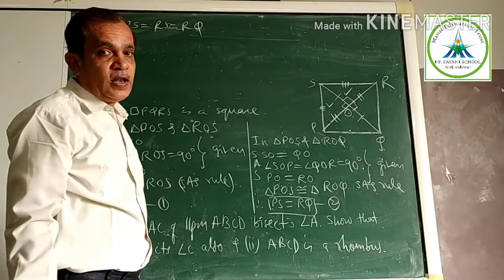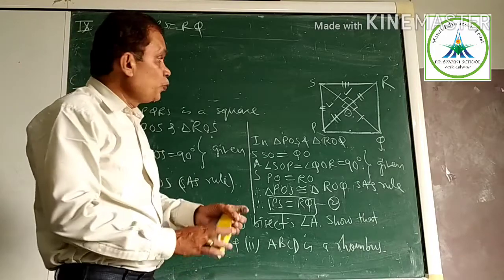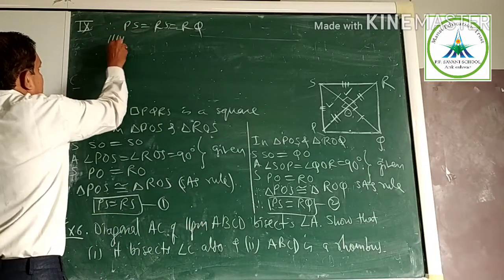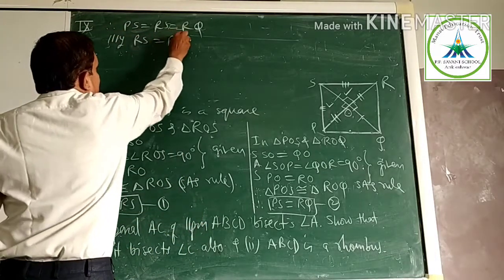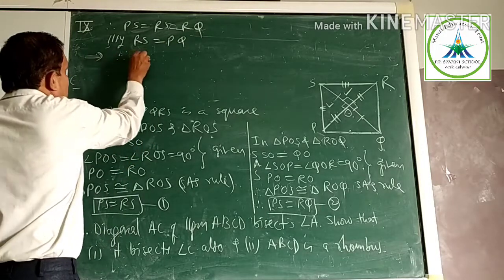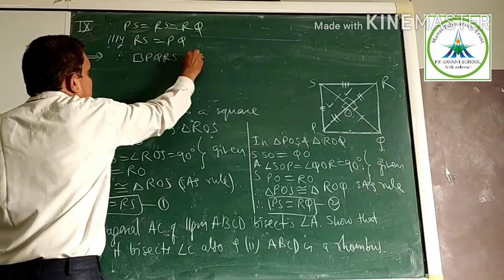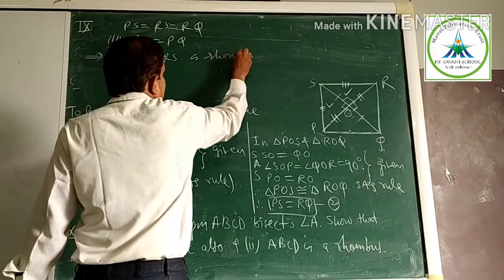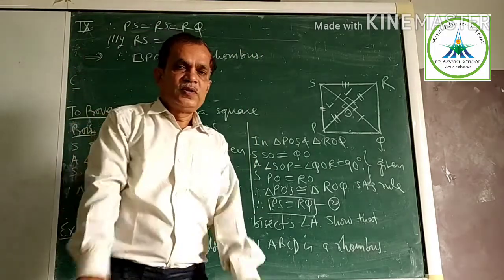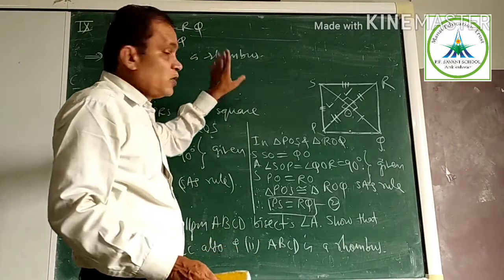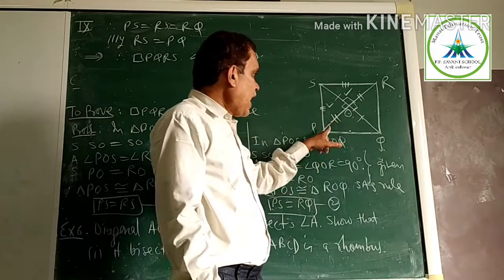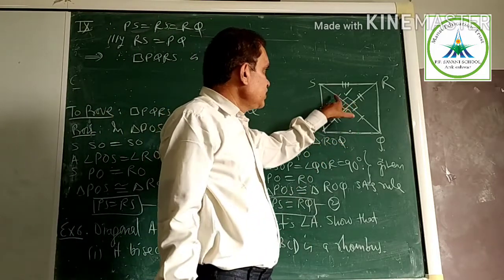If these three sides are equal, then similarly we can prove RS equal to PQ. And if all four sides are equal, it is a rhombus. Therefore, PQRS is a rhombus. Got it? We proved all sides equal, rhombus. Now only it is left to show that the angle is 90 degrees or that these diagonals are equal.